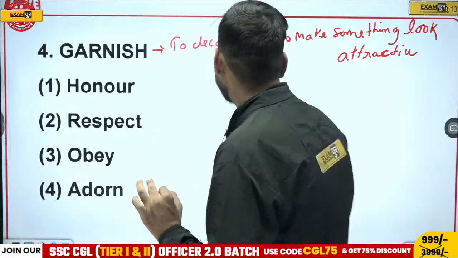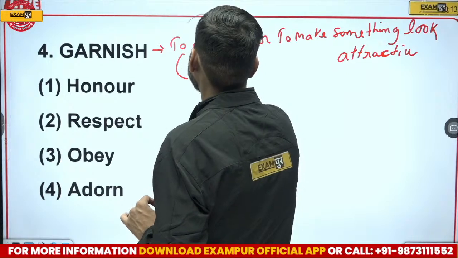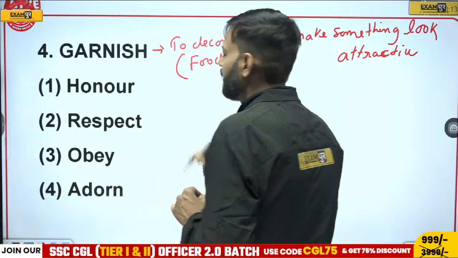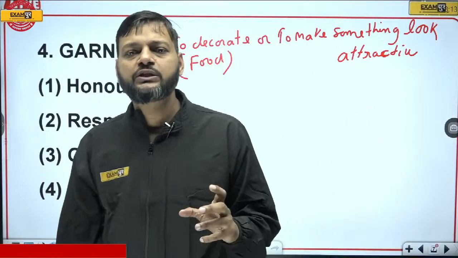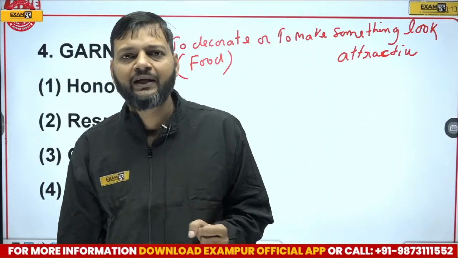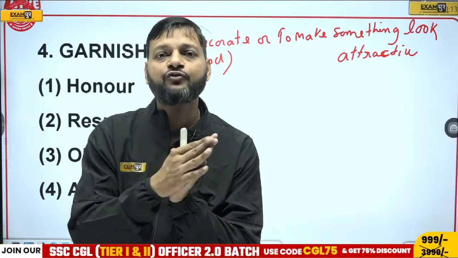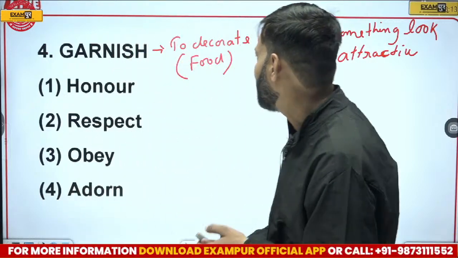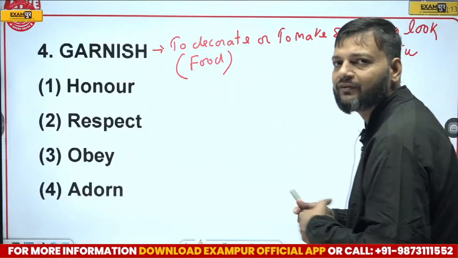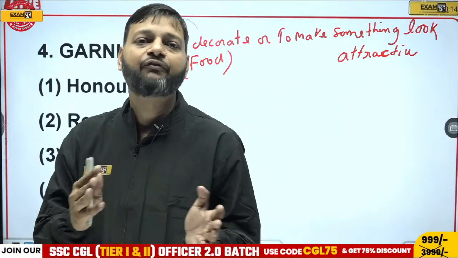But this word is particularly used for food. When we beautify the plates, when we beautify the food served, we call it garnishing. So garnishing means to decorate or to make something look attractive, but particularly for food.